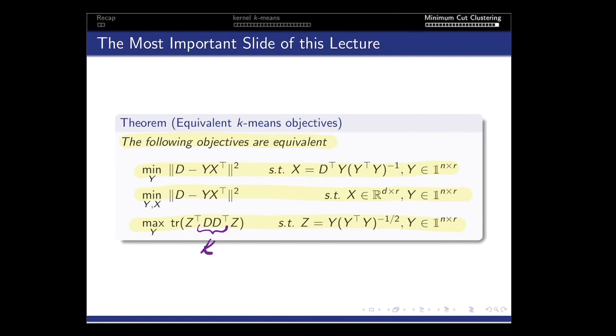And the idea was here that we replace D times D transposed with a kernel matrix K. And then we derived our kernel k-means method by the symmetric decomposition. So we say K is equal to A times A transposed in this case, and then we have not our representation by means of the data, but by these symmetric factor matrices A.